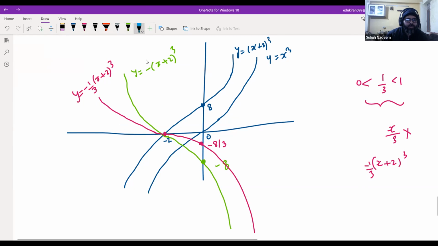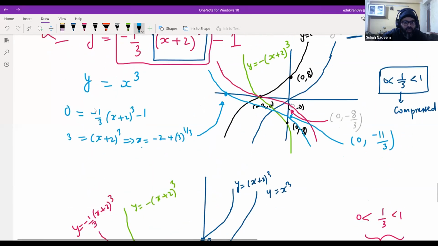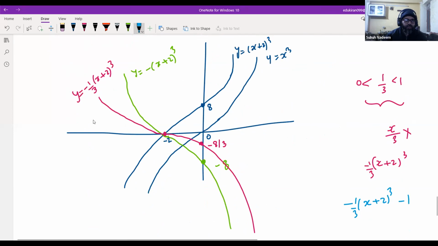Then we come to minus 1, that is minus 1 by 3 (x plus 2) whole cube minus 1. This is what we have done. So we shifted it downwards by 1 unit. It was minus 1, no? Yeah, it was minus 1. So she shifted it downwards by 1 unit, not this much. 1 unit is this much only.